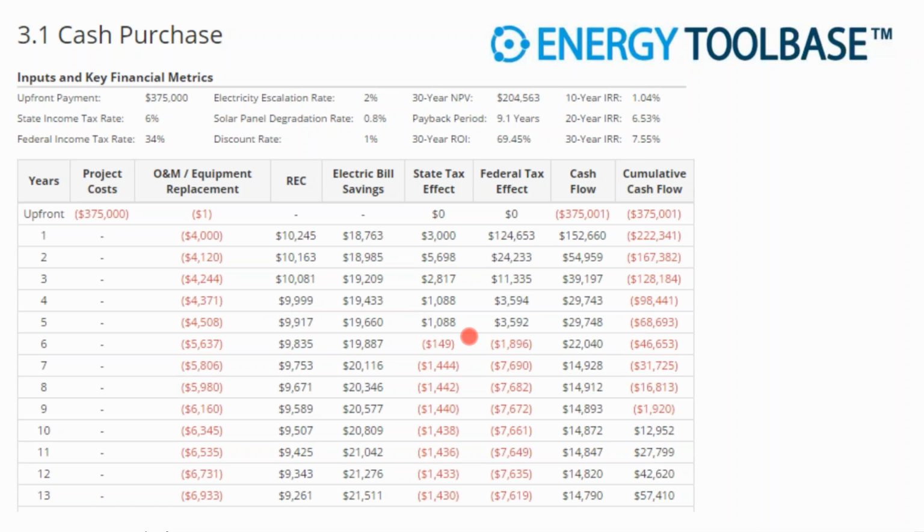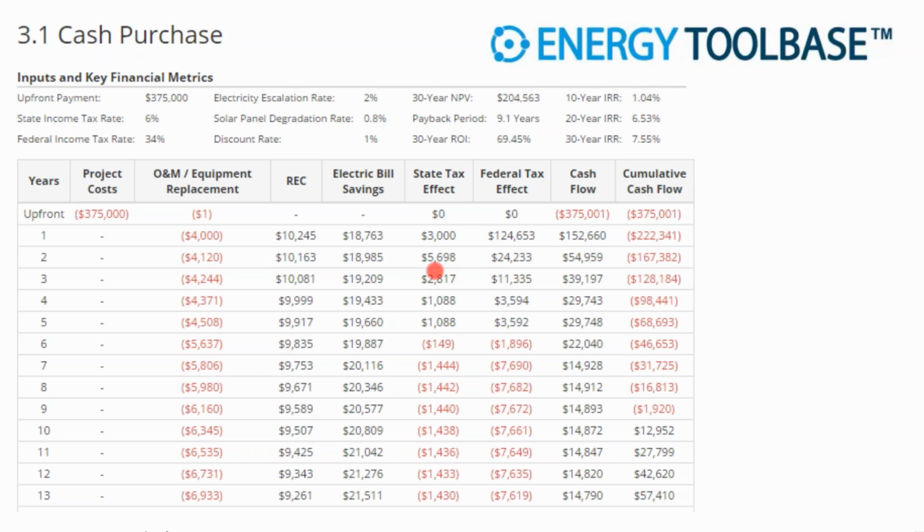If you're not paying much in federal taxes, there may be a reason to not take the accelerated depreciation and have the tax effect and depreciation effect kind of smooth each other out.